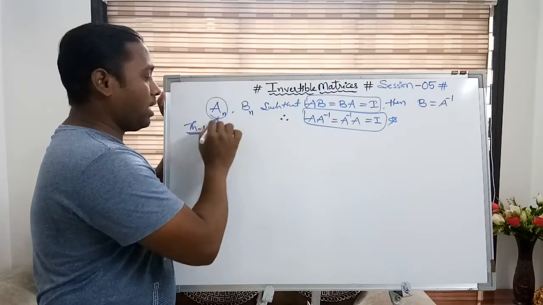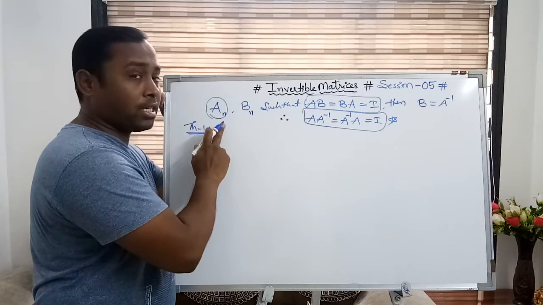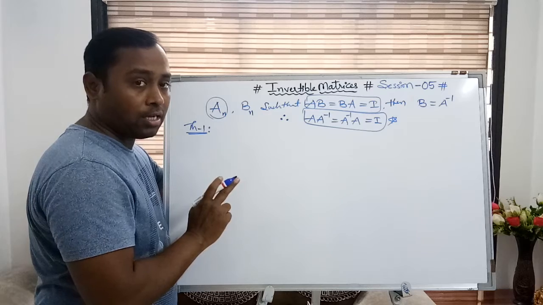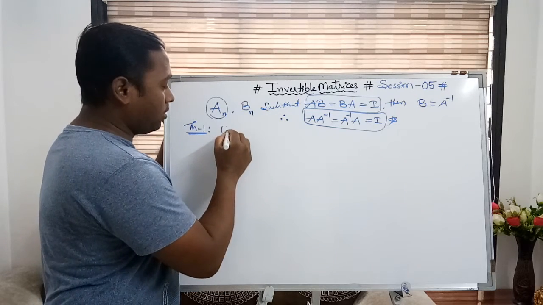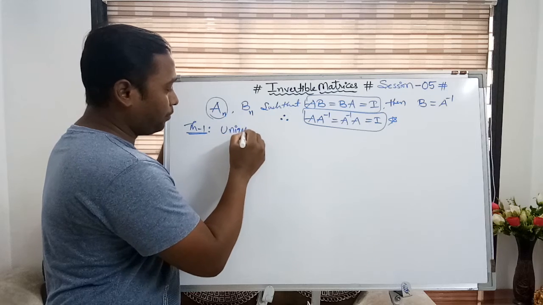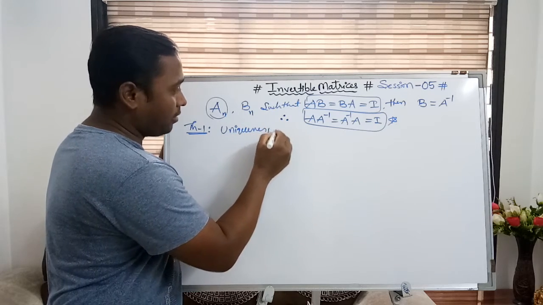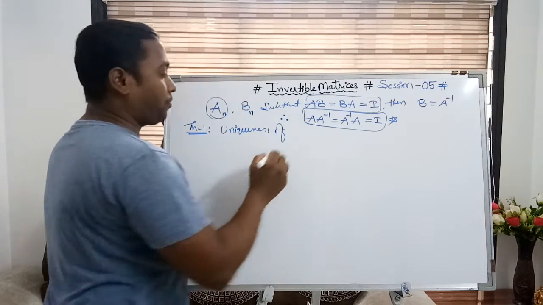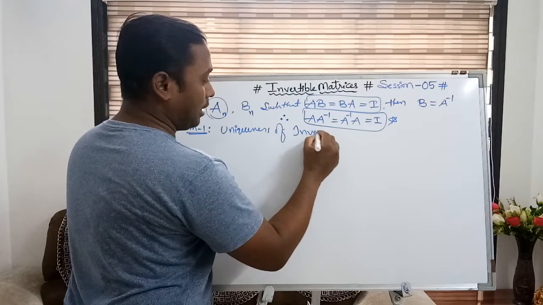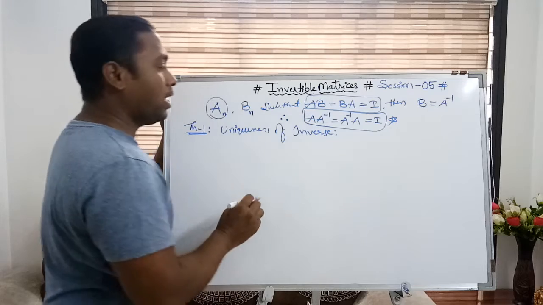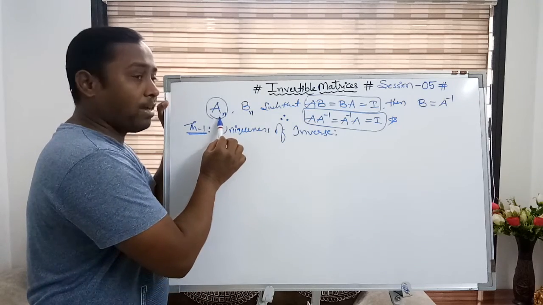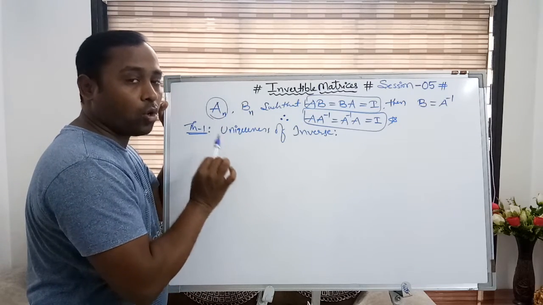If a square matrix has an inverse, it is unique in nature, which we call, in short, uniqueness of inverse. We are saying that if the inverse of a square matrix exists, it is always unique.